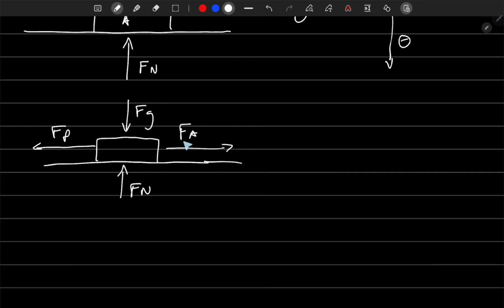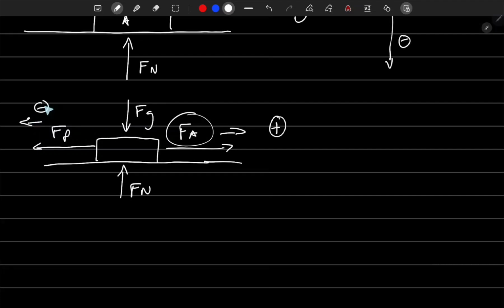For this particular case, this object is accelerating, moving in a particular direction. If an object is moving in a particular direction, it means there is a force being applied that is causing it to move. Because if you just rest an object on a surface, it's not going to move on its own until you apply some force in a particular direction. Note with these two forces, friction and applied force, the direction of the applied force will always be positive, whereas the direction of friction will always be negative.